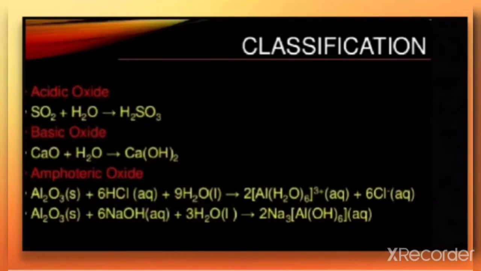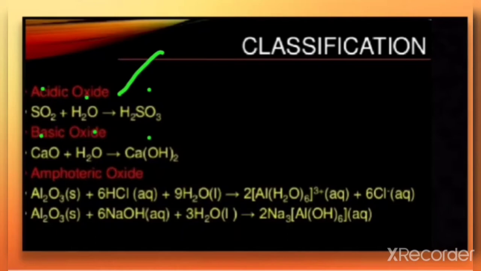As you are familiar, usually a non-metal oxide with water gives rise to an acid, and a metallic oxide with water gives rise to a base. So when an oxide combines with water to give an acid, it is termed an acidic oxide. Examples: sulfur dioxide, carbon dioxide, nitrogen dioxide.